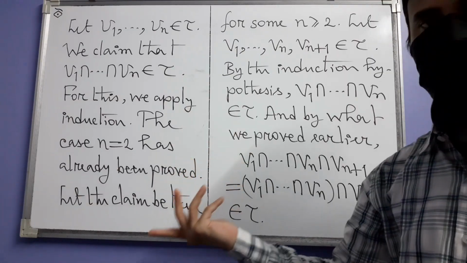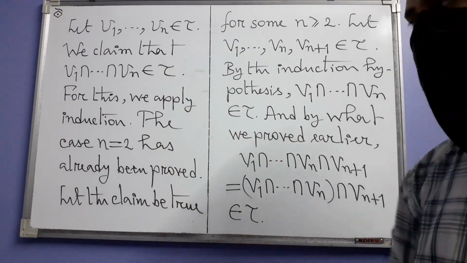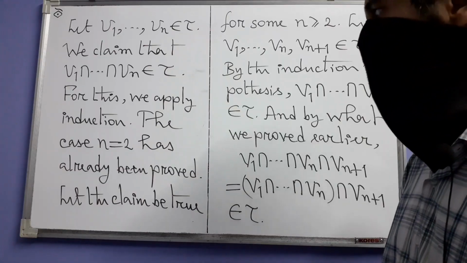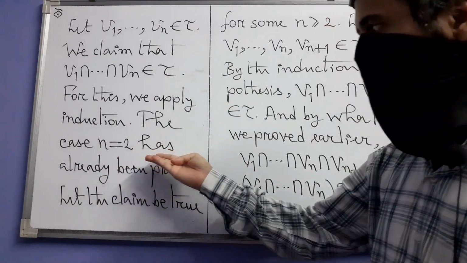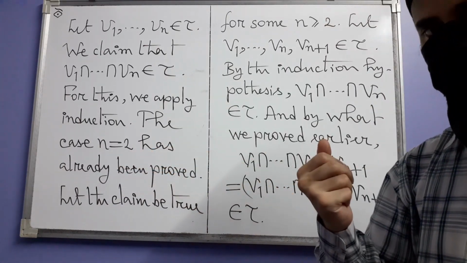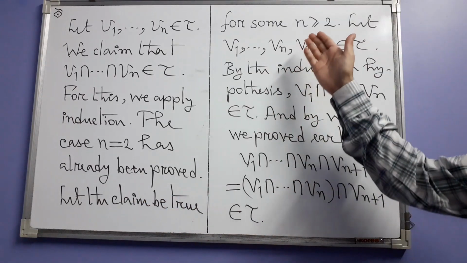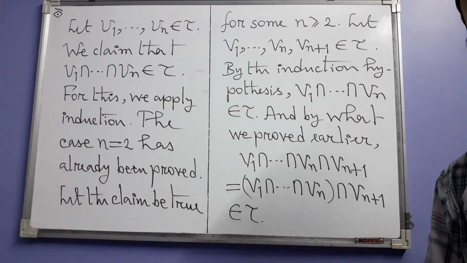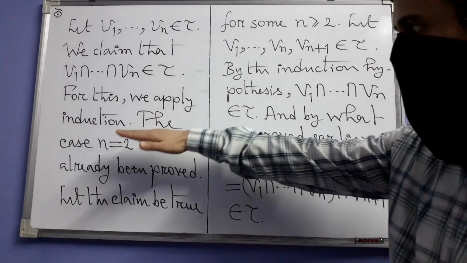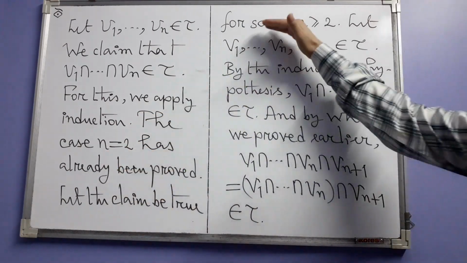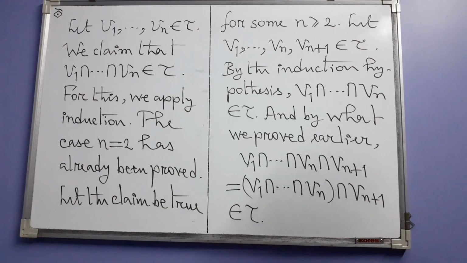For this we are going to apply induction on the number of sets involved in this list. The case where there are two sets has already been handled. And let the claim be true for some integer n greater than or equal to 2. So this is the base case and this is our induction hypothesis.